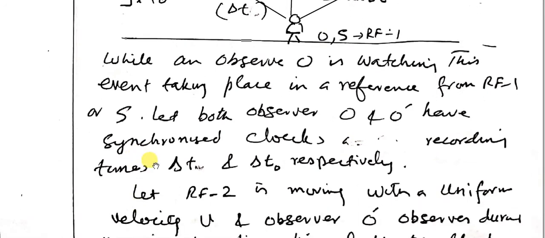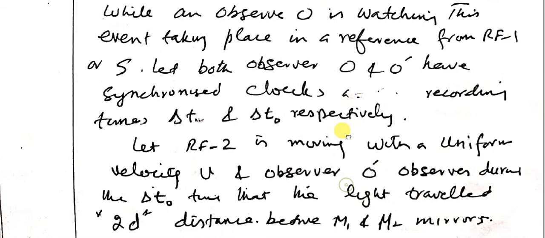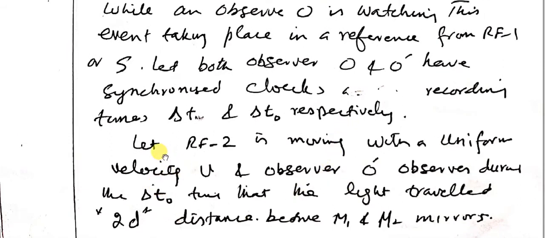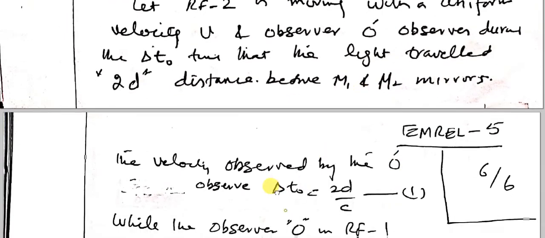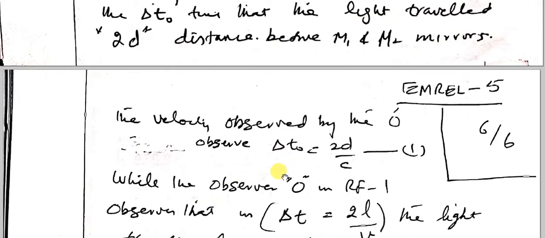Let reference frame 2 move with a uniform velocity v, and observer O prime observes that during the time delta t naught the light travels 2d between the M1 and M2 mirrors. So delta t naught is 2d by c, as seen by O prime in reference frame 2. That's equation number 1.